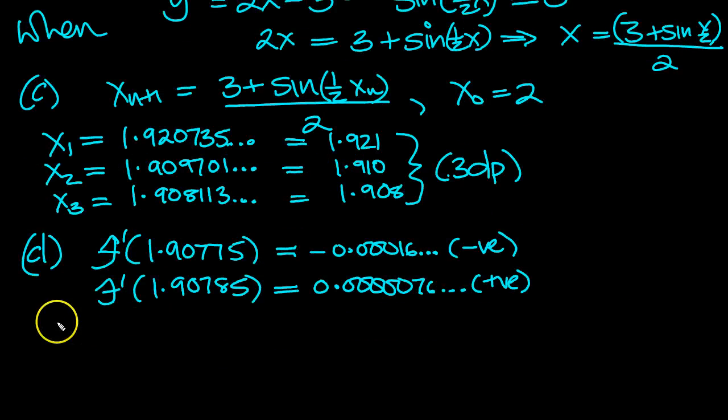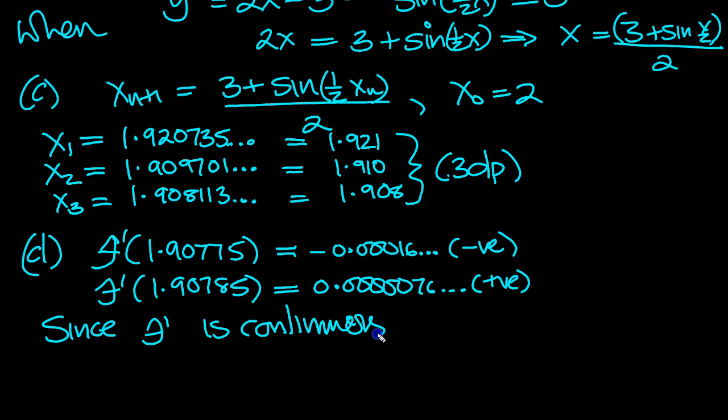Since f dashed is continuous, the answer is equal to 1.9078, and that's to 4 decimal places.